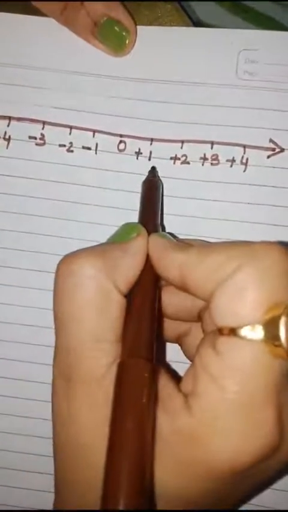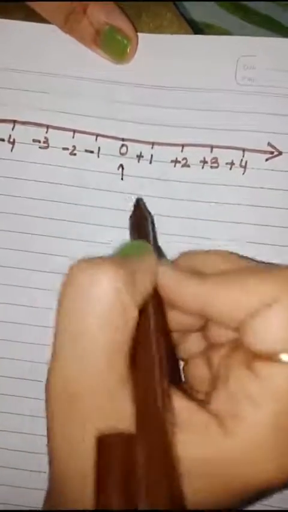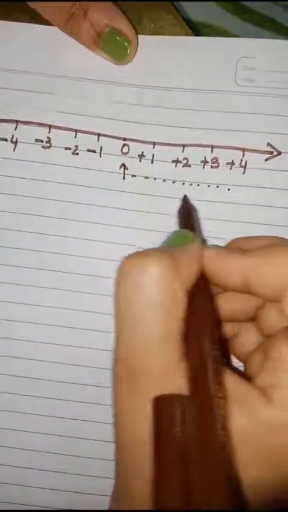We have to remember that any number which is on the right side of a number, for example, if we consider 0, all those numbers which are on the right hand side of 0 are greater than this specific number.